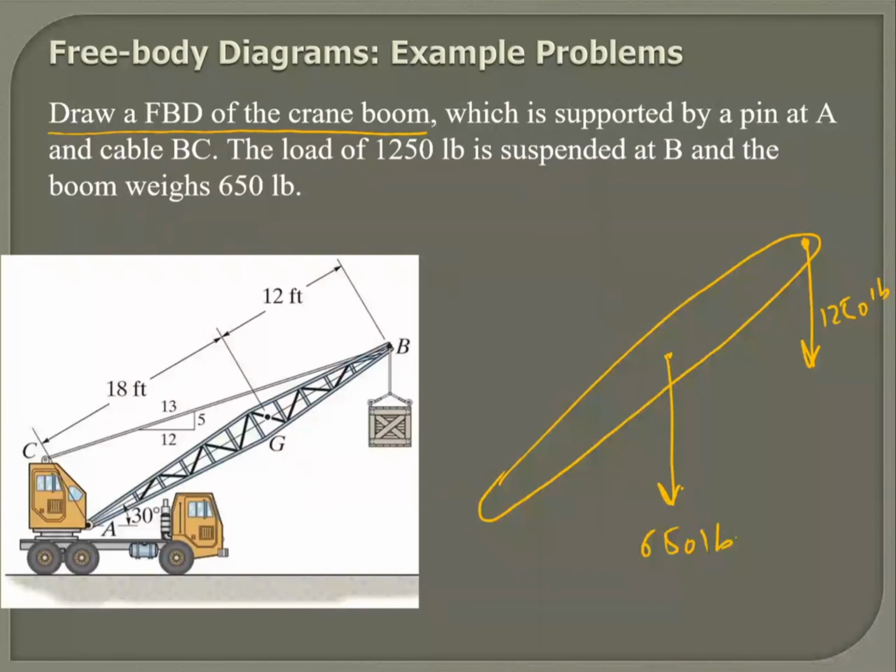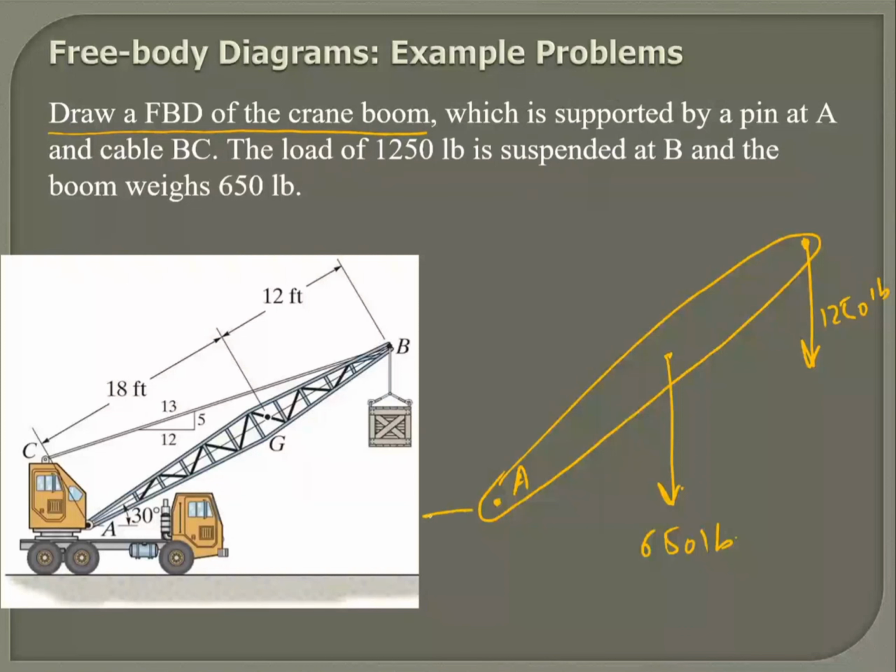Now this boom is being supported at A and B. Let me look at A first. That's my point A here. Point A is 2D, so the support reaction has 3 degrees of freedom. The boom can rotate at pivot A, yes it can, but the pivot A cannot move in the X or Y direction.